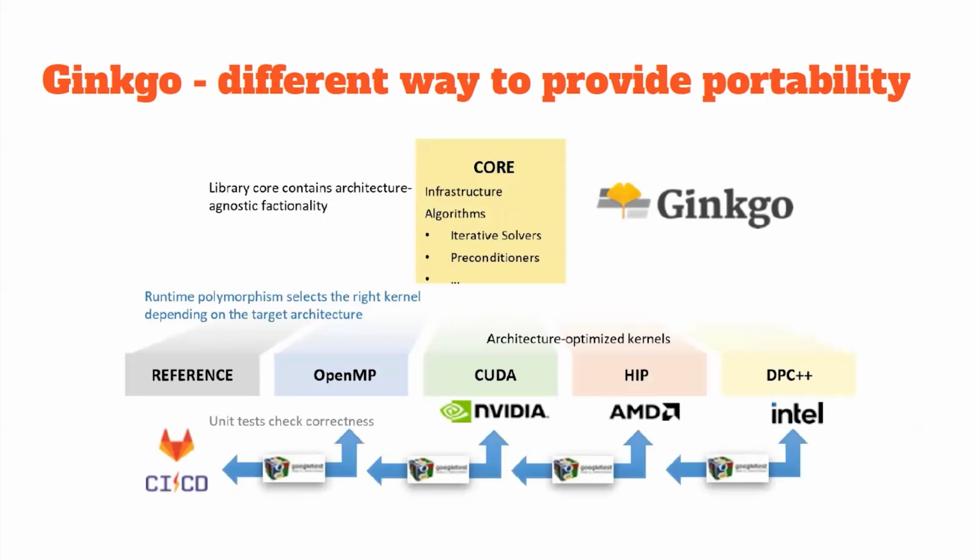Then we move on to different accelerators. We use OpenMP to write the optimized code for the CPU, CUDA for NVIDIA GPUs, HIP for AMD, and DPC++ or SYCL for Intel GPUs. To ensure correctness, we always compare the result from the accelerator code to the reference code, even if you are on the GPU.